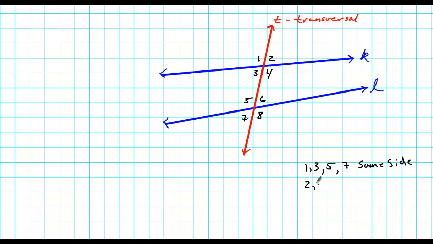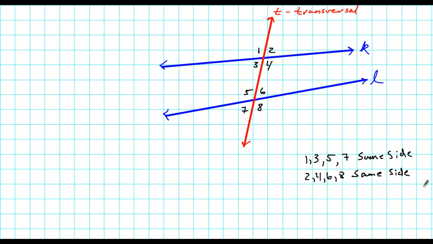And then also 2, 4, 6, and 8 are on the same side also, right? So 1 and 3 are same side angles.